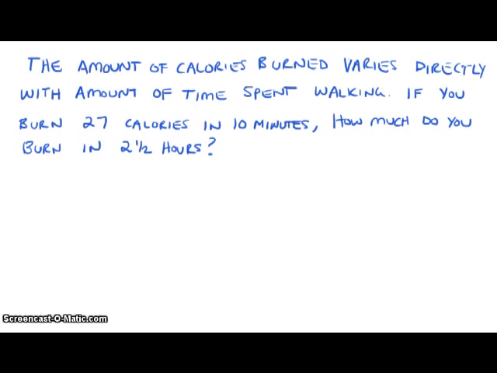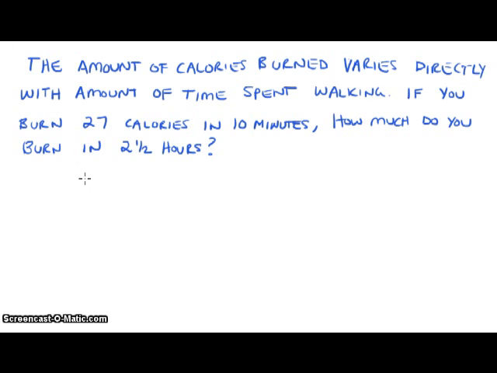So this says the amount of calories burned varies directly with the amount of time spent walking. So I'm going to write a direct variation, but I'm going to use variables that mean something to me. So we're relating calories and walking.